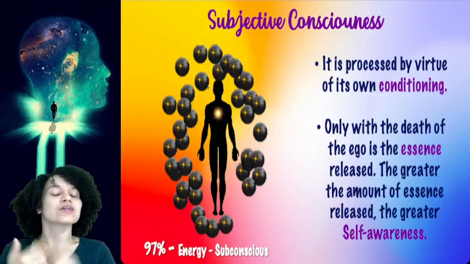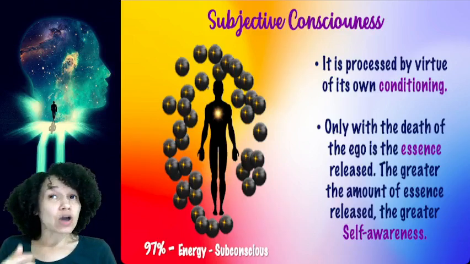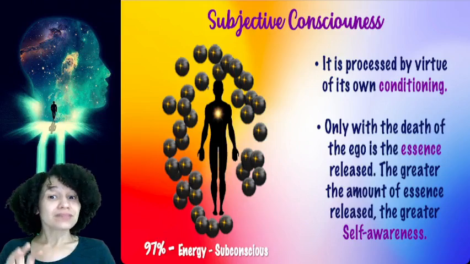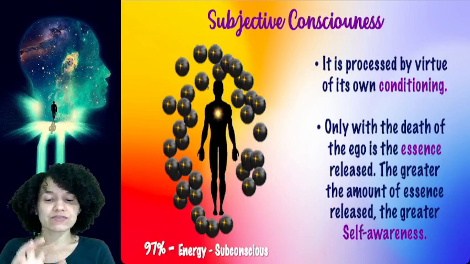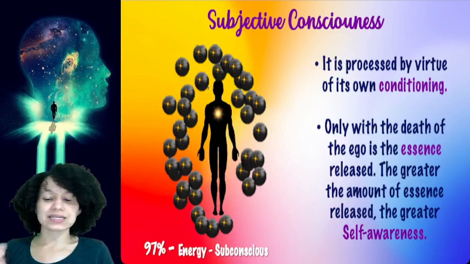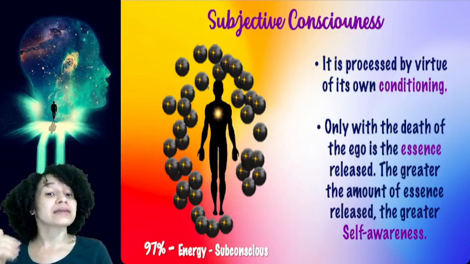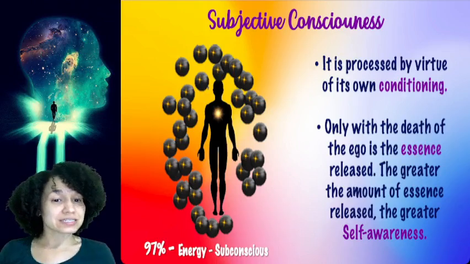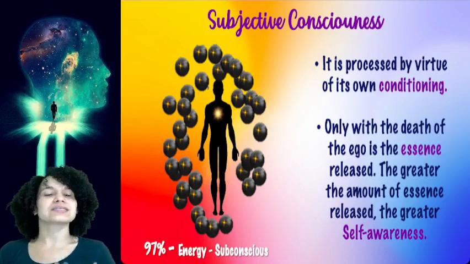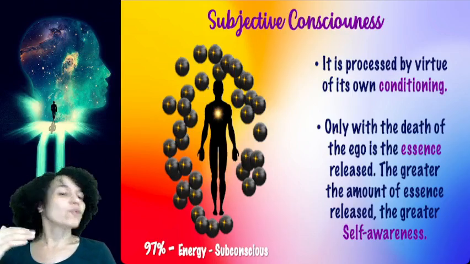We need to be in self-observation, discovering all those psychological defects that we have that have trapped 97% of our essence, and we need to be eliminating them so we can release all that essence and become self-aware more and more.